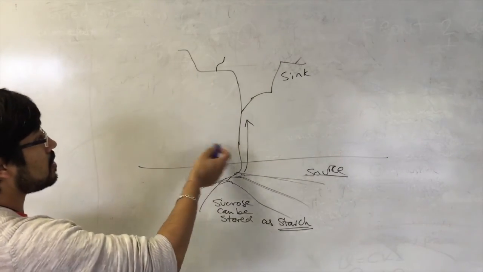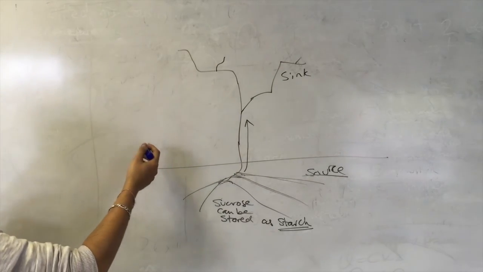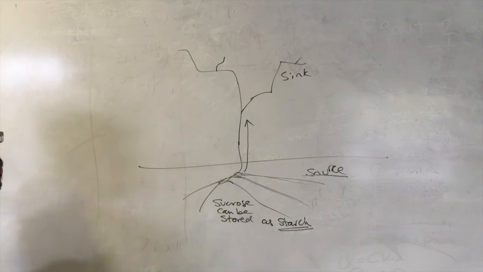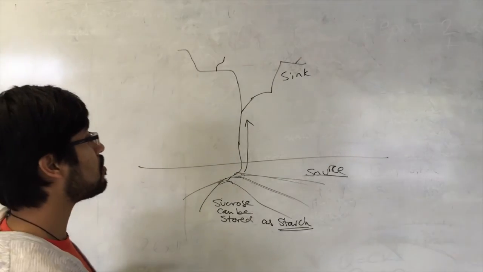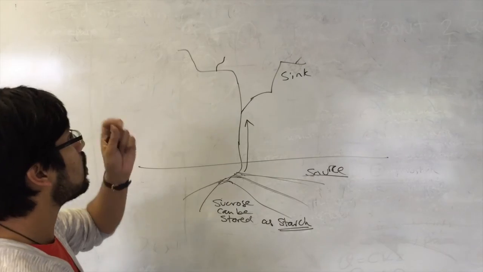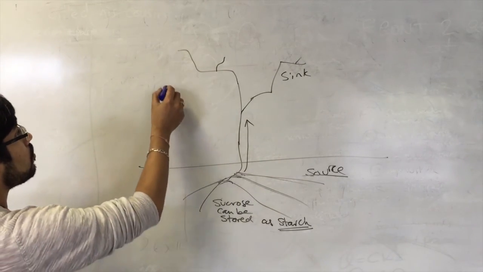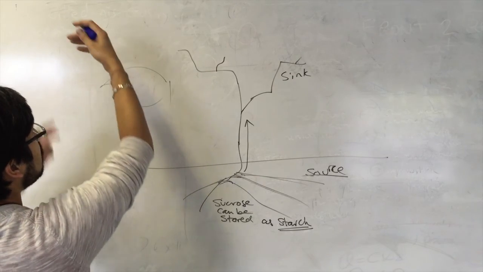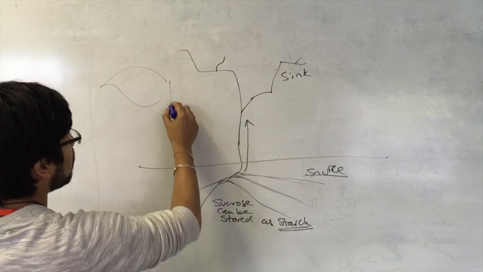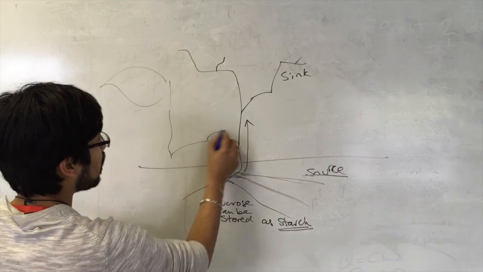And even in a regular plant with its leaves, it's not likely to be as simple as roots are sinks, leaves are sources. That is true, but one part of the plant may be having lots of intense sunlight, whereas another part of the plant might be in the shade.